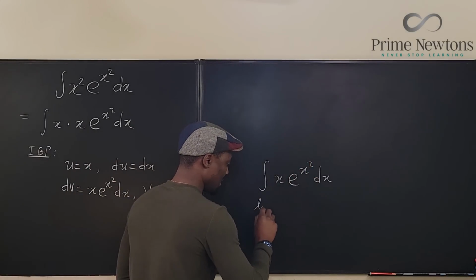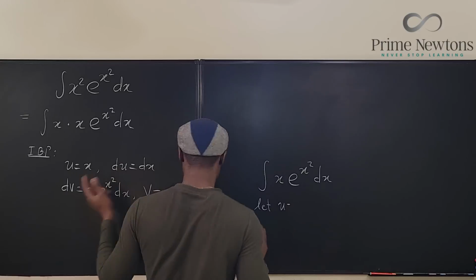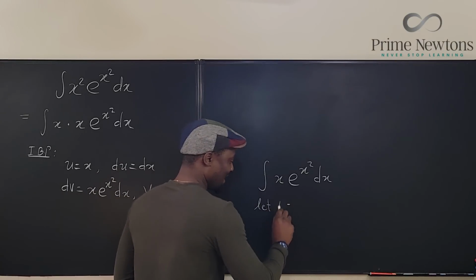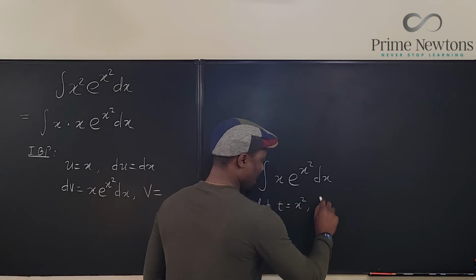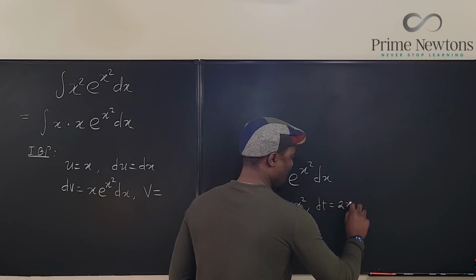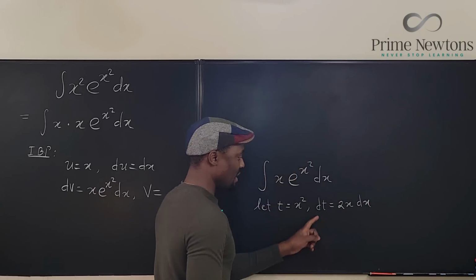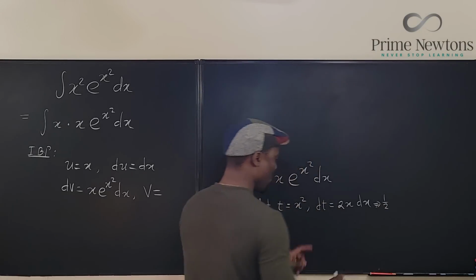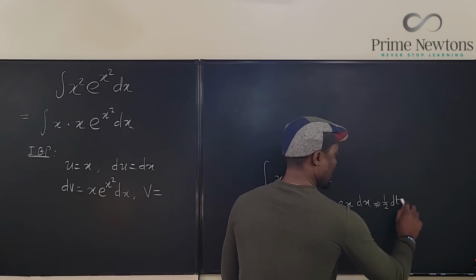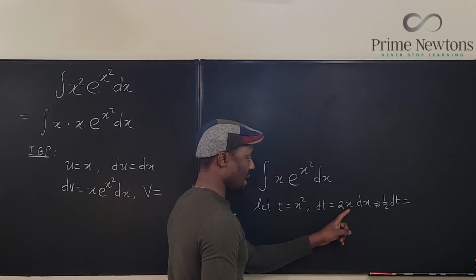So we say let u, no, not this u. Okay, let me use t then. Let t be equal to x squared, so that I have dt equals 2x dx. This implies that 1/2 dt is equal to x dx.